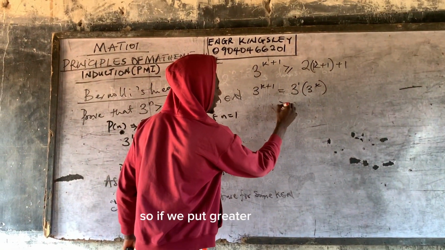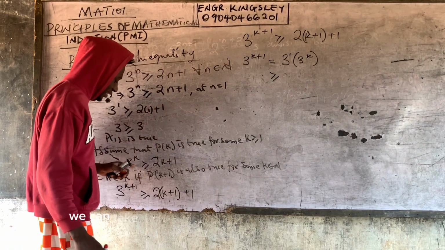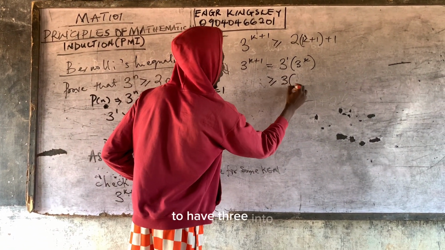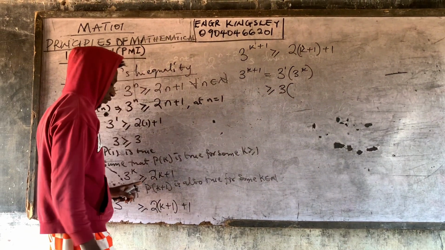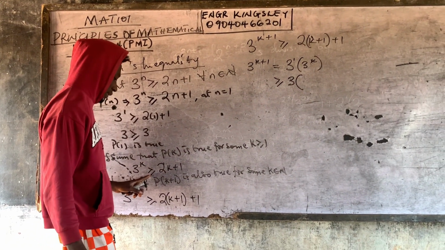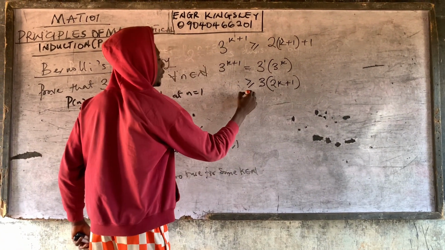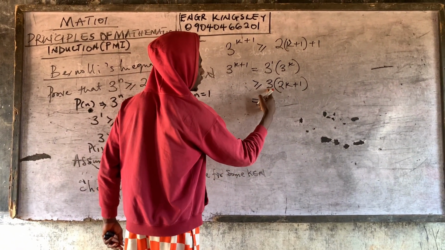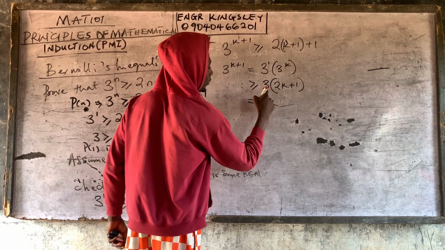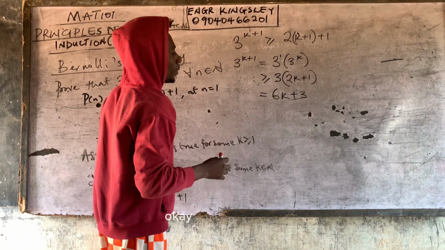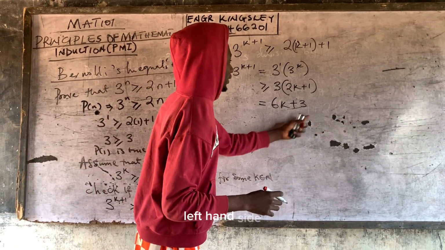So if we put a greater than or equal to sign, we can change 3 raised to the power k to 2k plus 1, to have 3 into the bracket of 2k plus 1. Okay, we can open the bracket to have that this corresponds to 3 times 2k is 6k, 3 times 1 is 3.